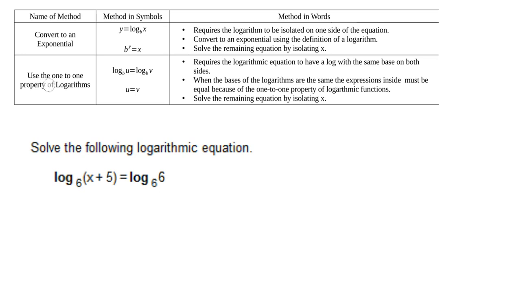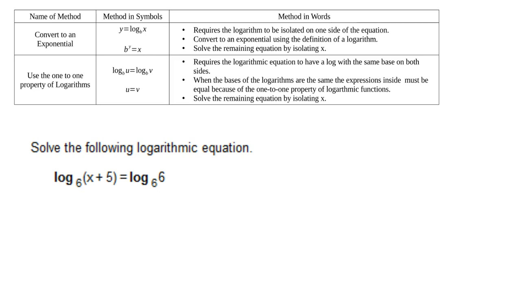The other method is to use the one-to-one property of logarithms. To use the one-to-one property of logarithms, you have to have log base b on one side of the equation and log base b on the other side. So you have to have log with the same base on each side of the equation, and then you can say what's inside those logs are equal to each other.